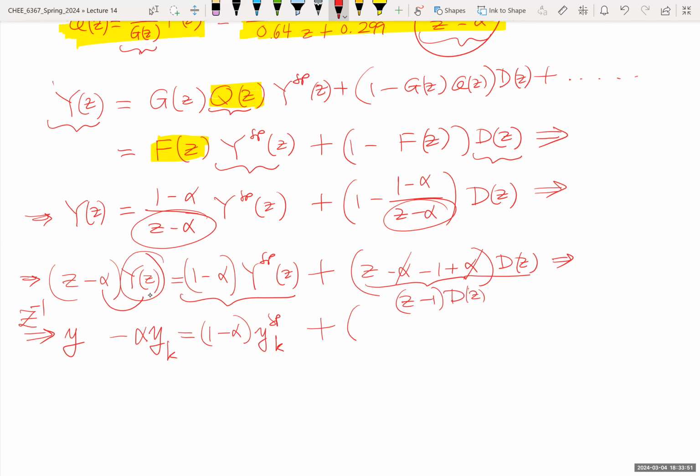If I invert it, the 1 times z is just d sub k, and there is something in front of it. What about the index of this? If I have z times y of z, when I invert it, it's y at what point in discrete time? It's of the 3 facts we learned for z transforms, it's the 3rd fact. Can you look it up?